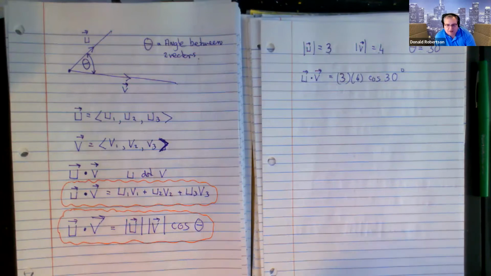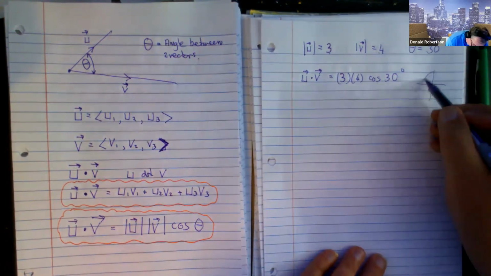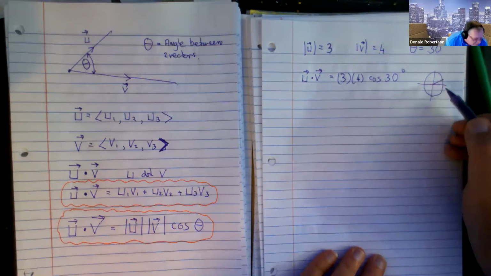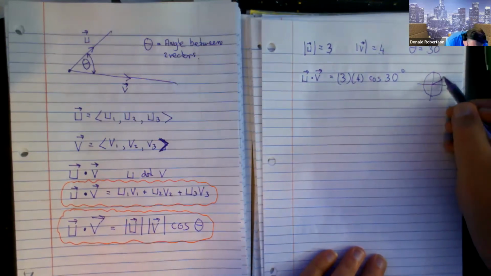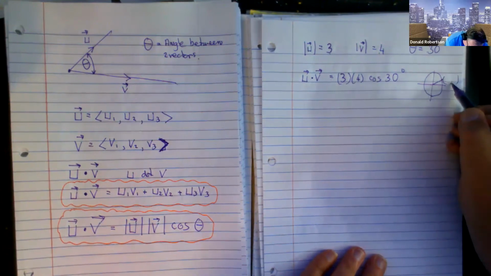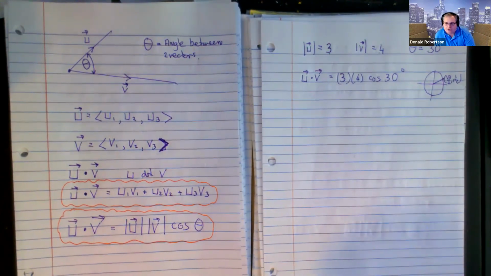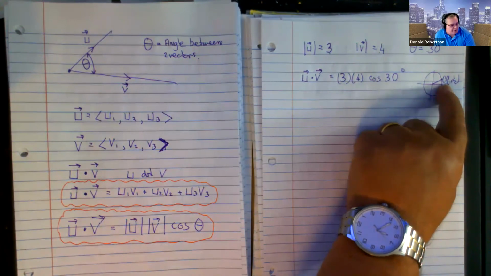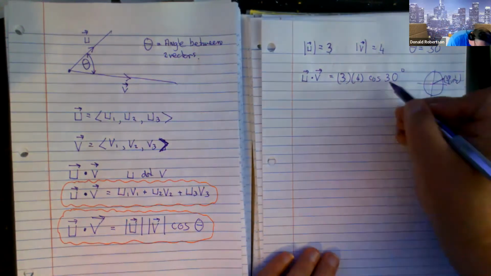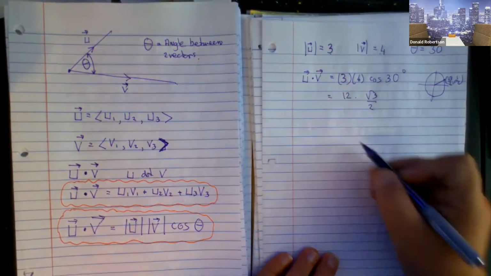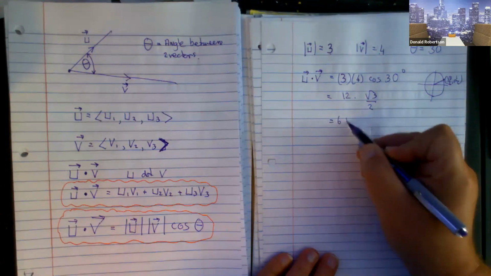Pre-calc 2, trig, unit circle. 30 degrees is this point, right? You have a coordinate here. This is a half. This is root 3 upon 2. Isn't the cosine the x coordinate of this point? Which makes this square root of 3 upon 2. So when you cancel and simplify, you get that.